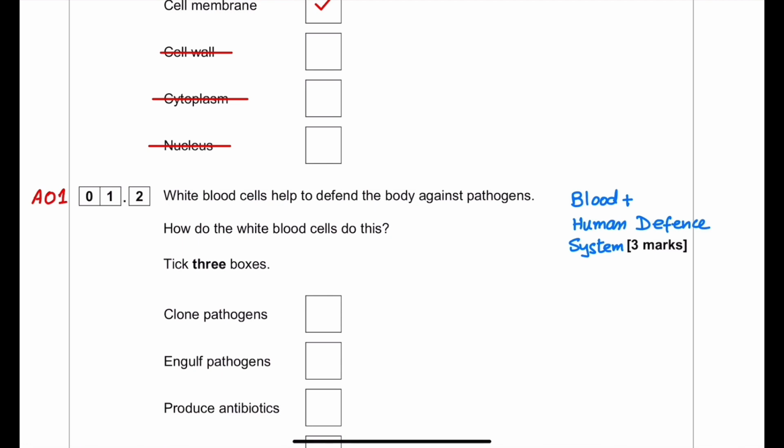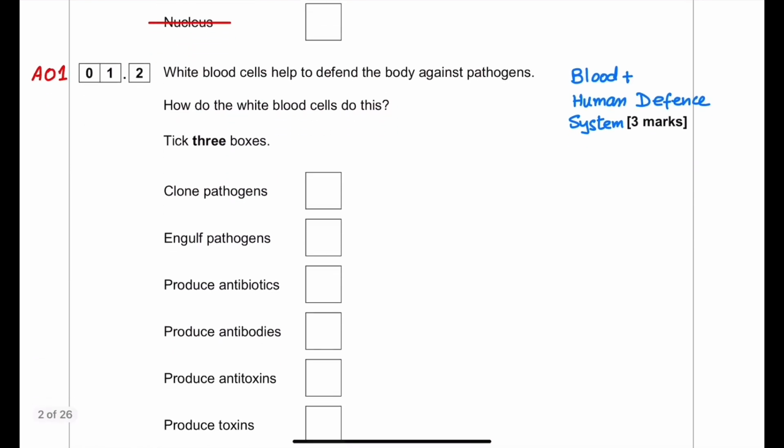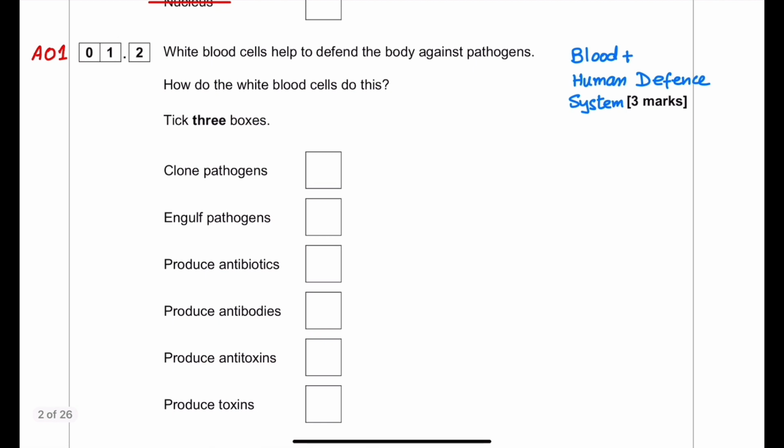The student must have a good concept about the blood and the human defense system. So how are they going to protect us? We have 6 options and we have to pick 3 boxes from the 6 options.